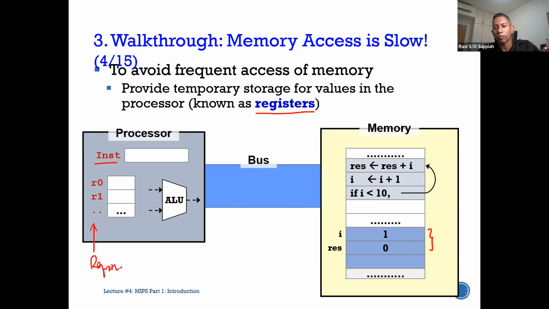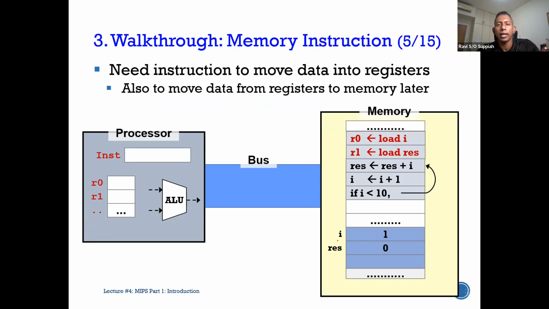Now instead of trying to keep fetching I and result from the memory, I can use the internal register space that I have, take a copy of that data and put it into my internal registers. That is what I'm doing here: move data into the registers. By doing this, I avoid the need to constantly keep reading from memory.